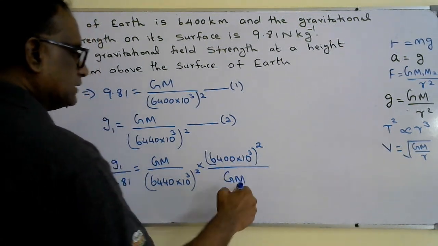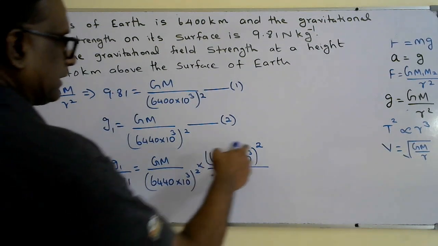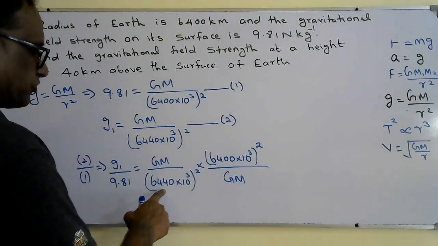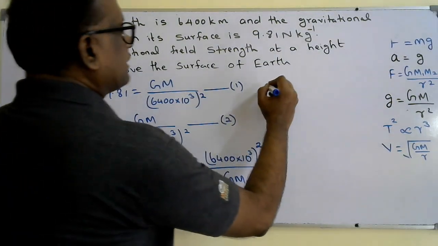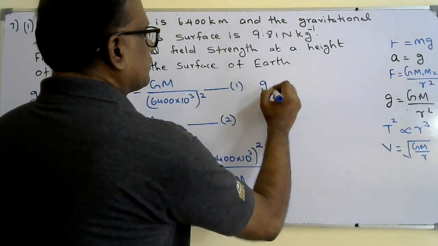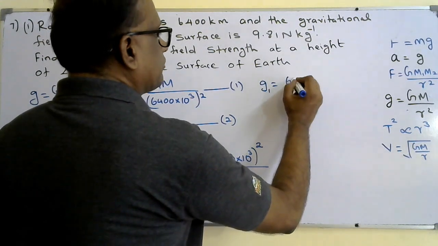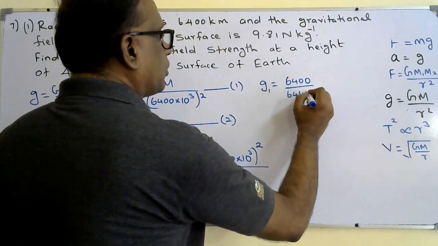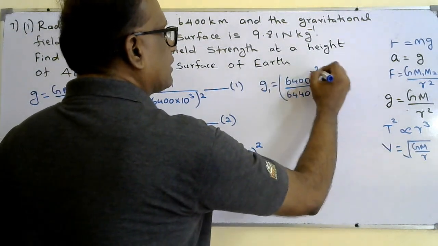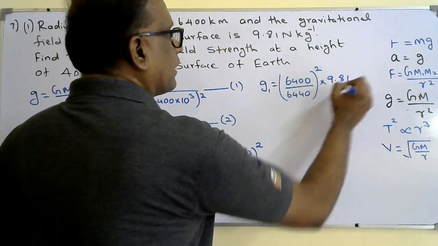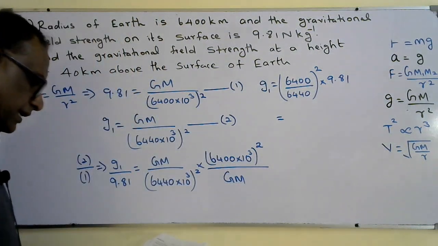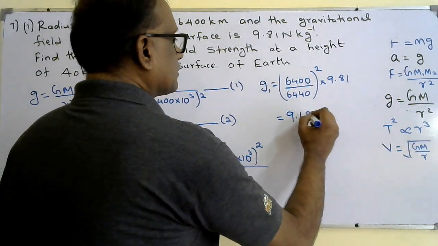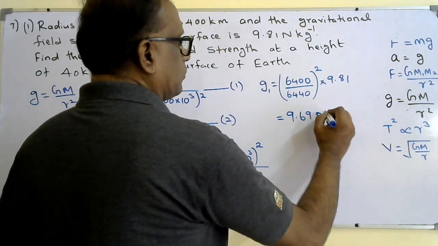GM gets cancelled, 10 to the power 3 gets cancelled. So 6400 over 6440 all squared. So g1 is going to be 6400 over 6440 all squared into 9.81. So that will be 9.69 meter per second squared or newton per kilogram.